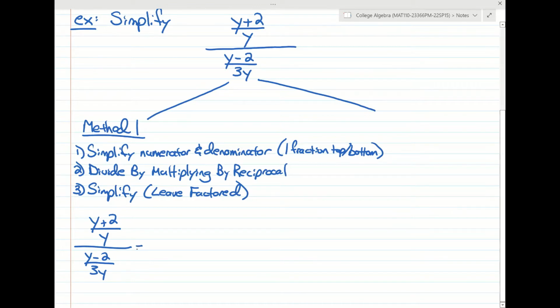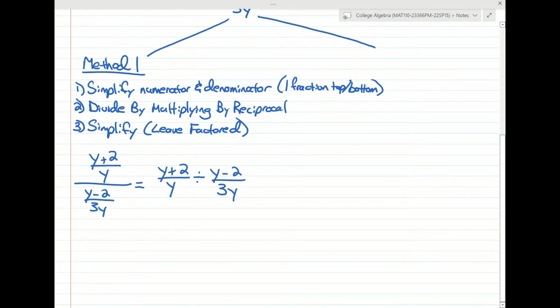At this point, what we could do is just write it y plus 2 over y divided by y minus 2 over 3y. Once you get one fraction on top and one fraction on the bottom, you could write it horizontally like this. That takes care of the first step.